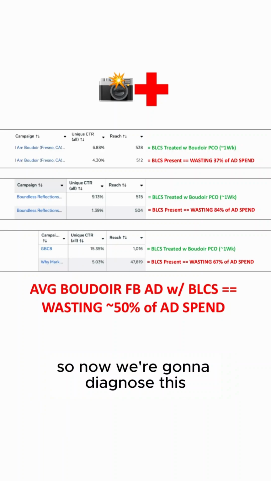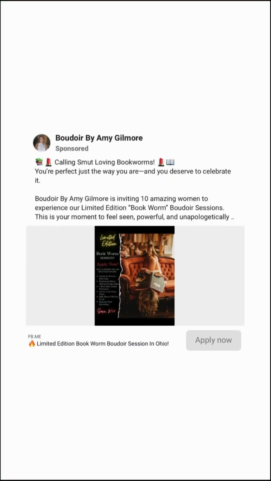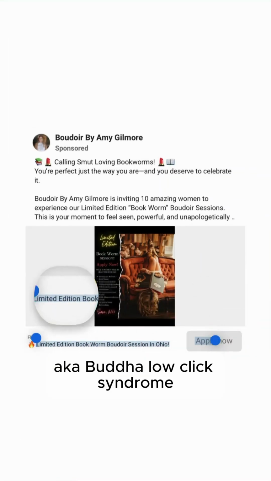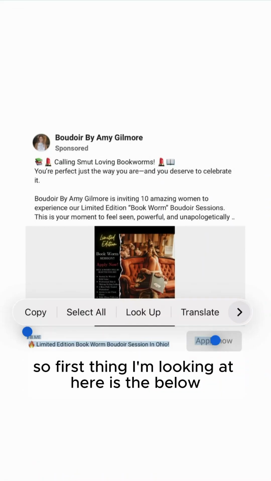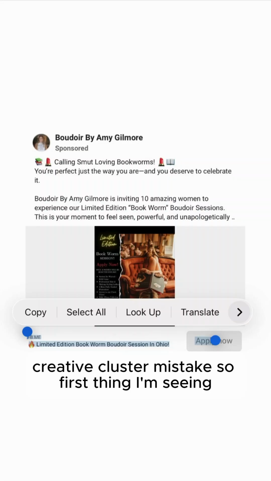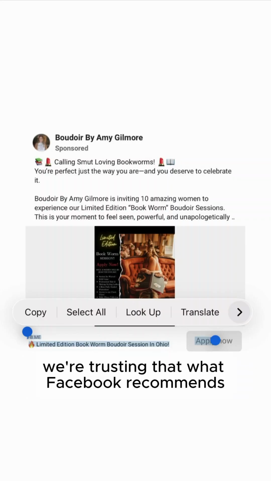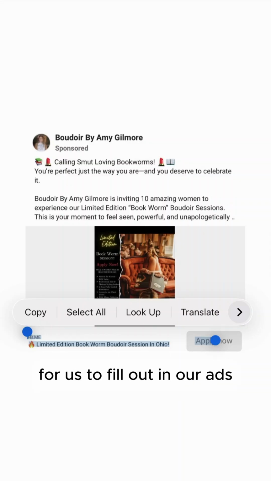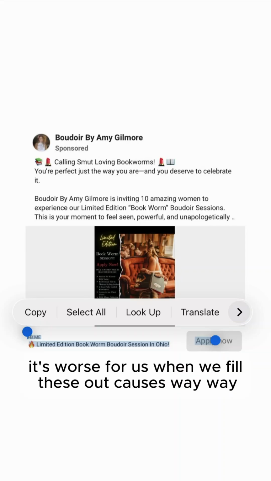So now we're going to diagnose this, if we believe it has BLCS, aka Boudoir low-click syndrome, with a unique CTR under 6%. So first thing I'm looking at here is the below creative cluster mistake. The false belief that causes us to make this mistake is we're trusting that what Facebook recommends for us to fill out in our ads, all these fields they give us, is best for us instead of being best for Facebook. Actually it's best for Facebook, it's worse for us when we fill these out.